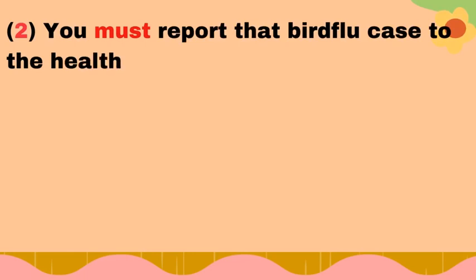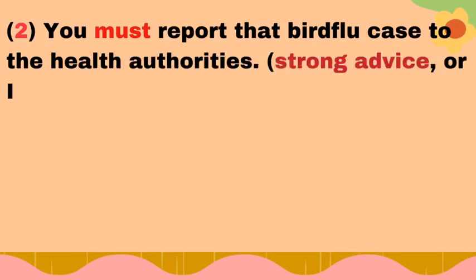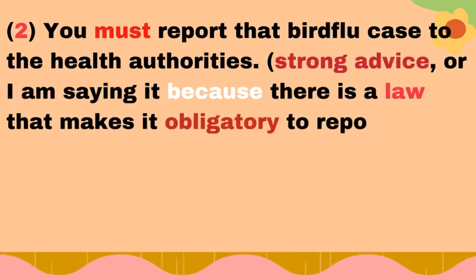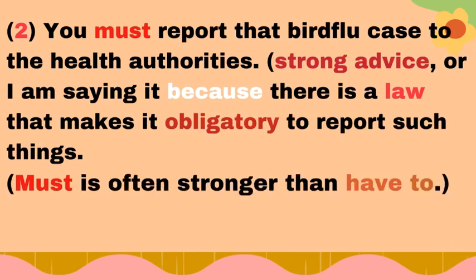You must report that bird flu case to the authorities. This is strong advice, or in other words, I am saying it because there is a law that makes it obligatory to report such things. Remember, must is often stronger than have to.